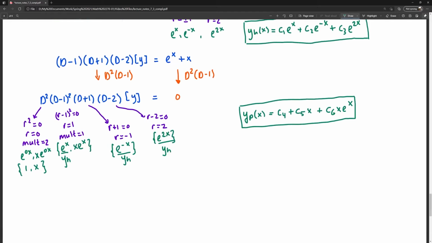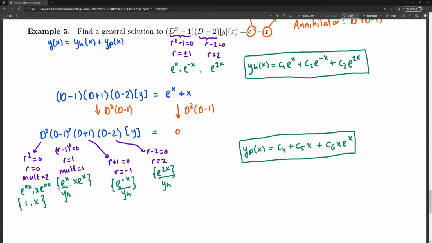So our in-between answer, if we just want the form of the general solution, would look like this. y of x equals c1 e to the power x plus c2 e to the power negative x plus c3 e to the power 2x, and then plus c4 plus c5x plus c6x e to the power x.